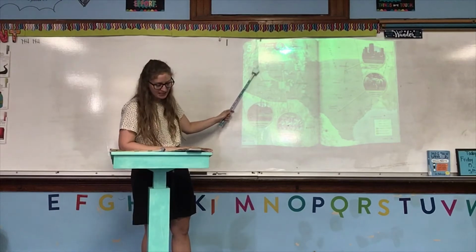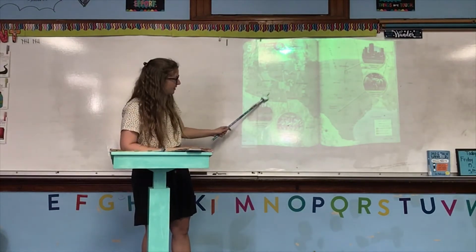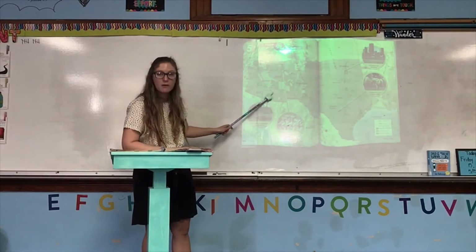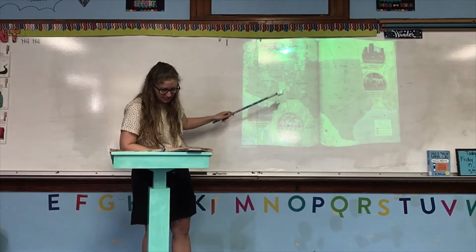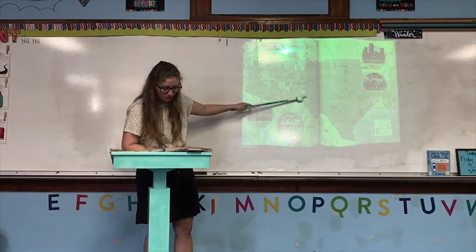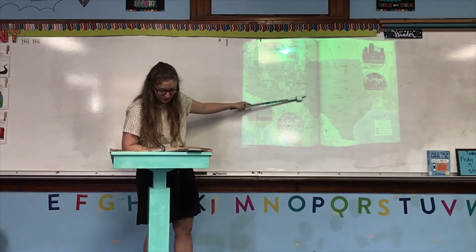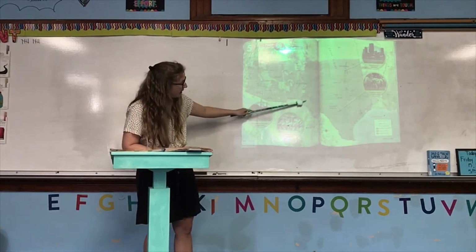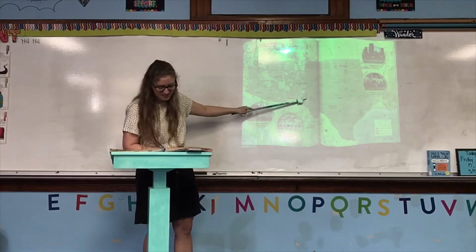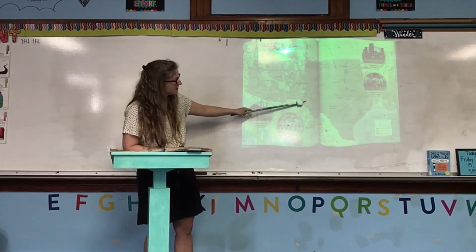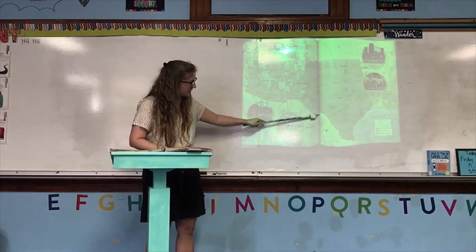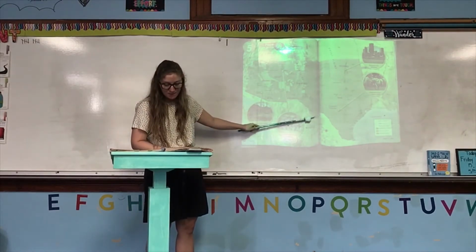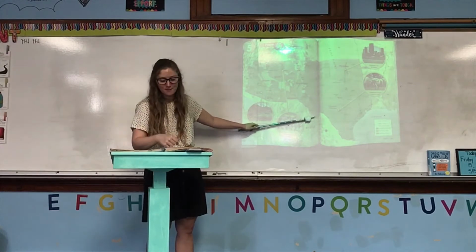Down in southern Arizona, we see Saguaro National Park. In New Mexico, we have Carlsbad Caverns National Park. And then just below that, in Texas, we have Guadalupe Mountains National Park. And then further south, kind of at the bend of Texas, right here, we see Big Bend National Park.